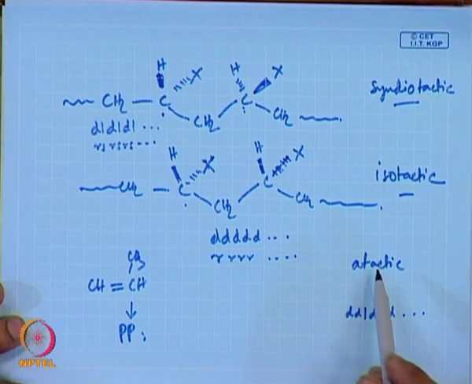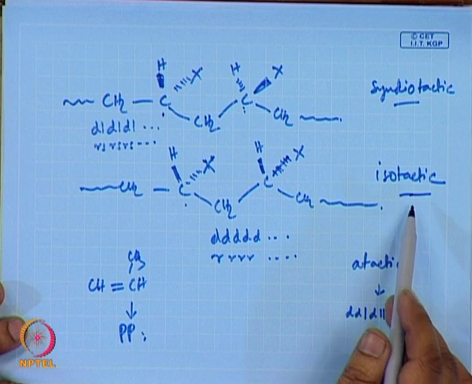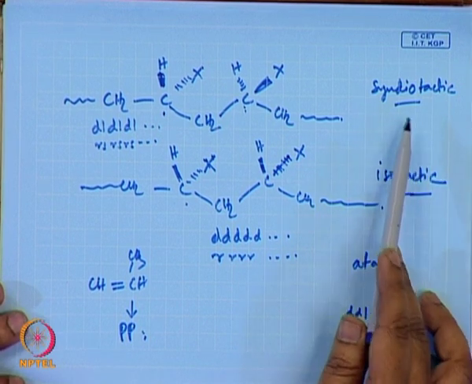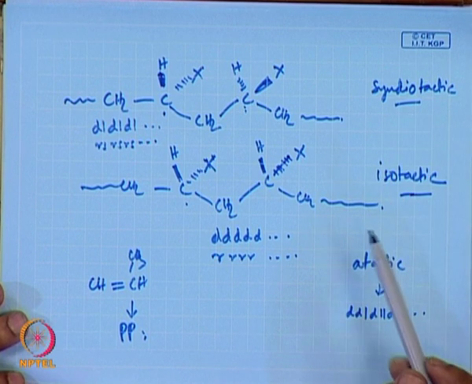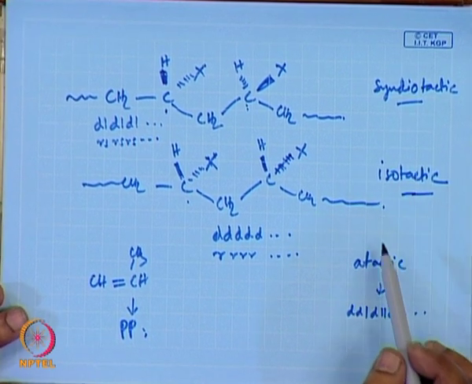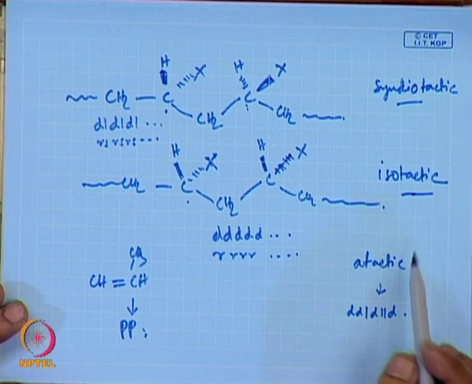So, if you want a practical application or utility of polypropylene, then you should have regular structures like isotactic, or in some cases syndiotactic, which is also able to crystallize, but probably to a lesser extent compared to isotactic polypropylene.